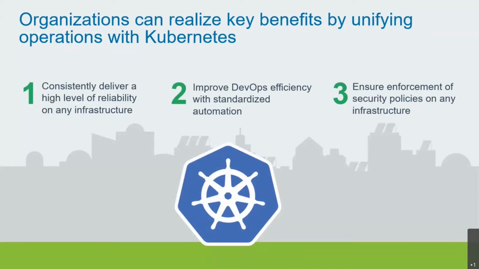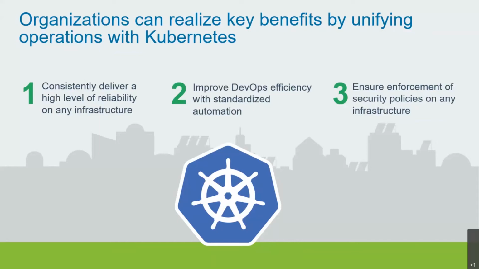By deploying Kubernetes, an organization can consistently deliver a high level of reliability on any infrastructure, be that on-prem, in the cloud, hybrid, or multiple server architectures as well. And you're seeing S390X here.